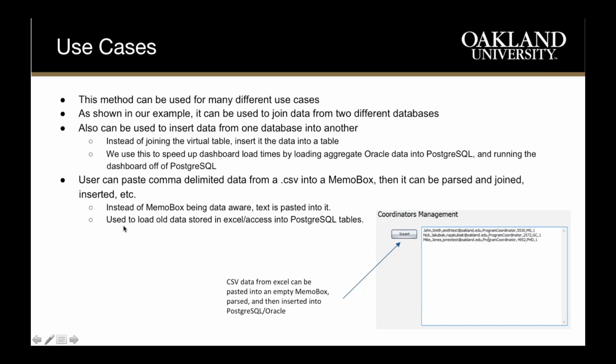This could be used to load old data stored in old Access files or Excel files into Postgres. This screenshot shows what that might look like. I could open an Excel CSV file in Notepad or something, copy it, paste it into here, and then click insert.